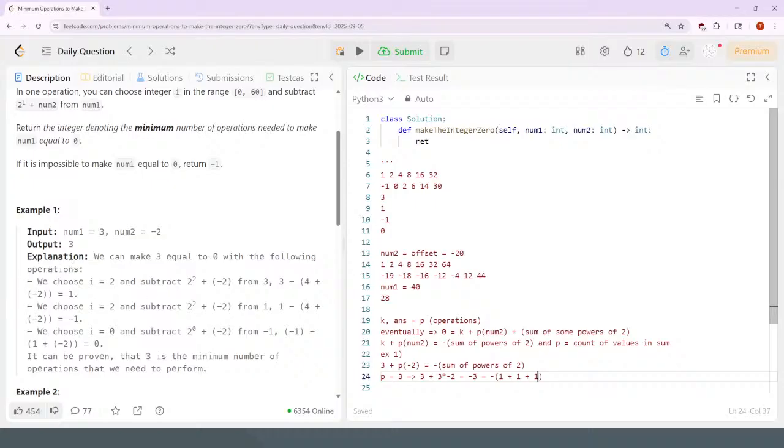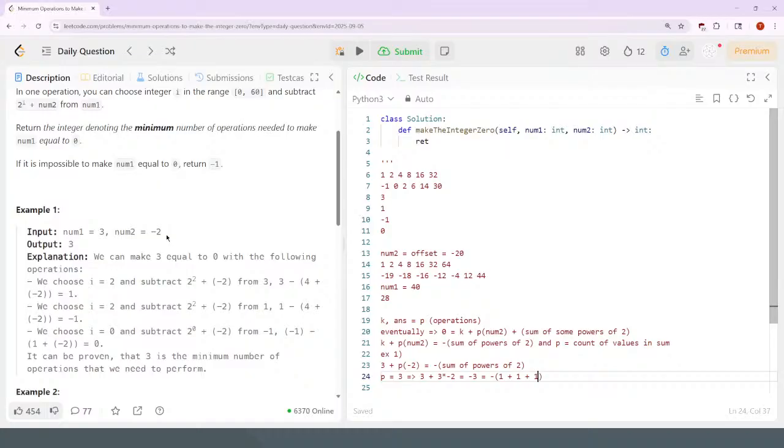Was there another way of getting there here? -2 is the offset. So if I chose i equals 1, that gives you 0.